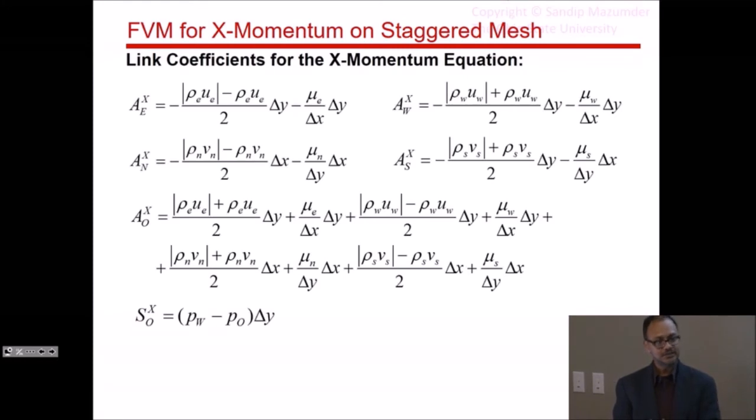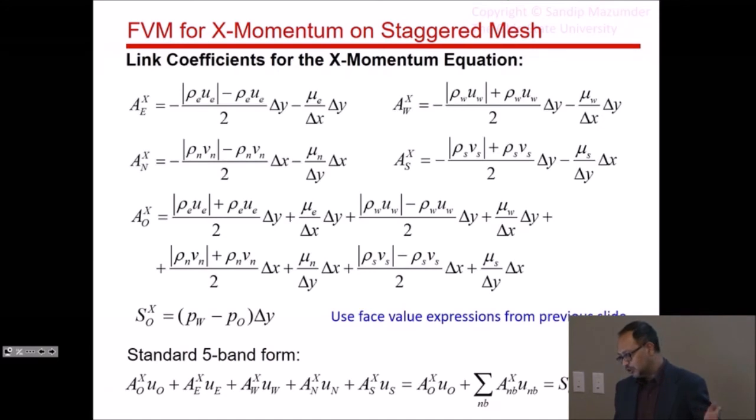Because the link coefficients themselves come from standard finite volume formulation on a grid. Nothing is different. It's just a different grid control volume you're using. So it's those 12 expressions that I talked about at the front end that will become different now, but not these expressions.